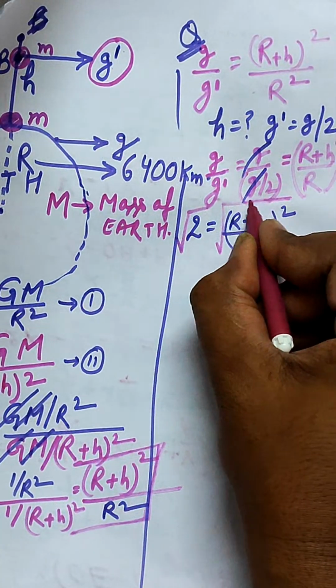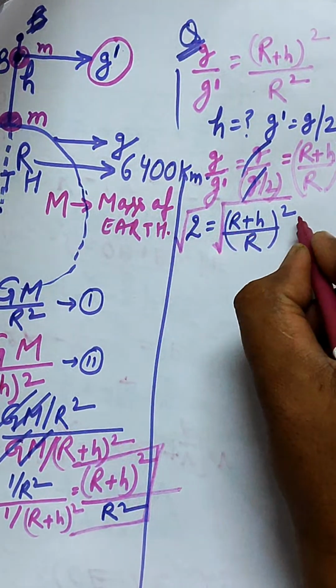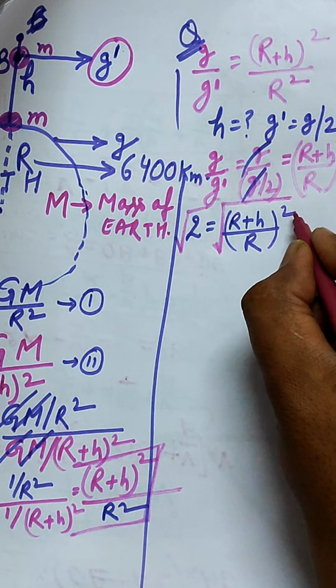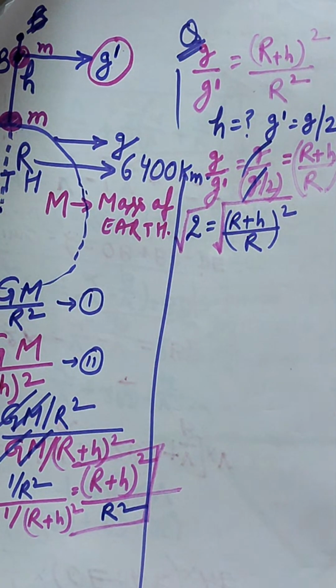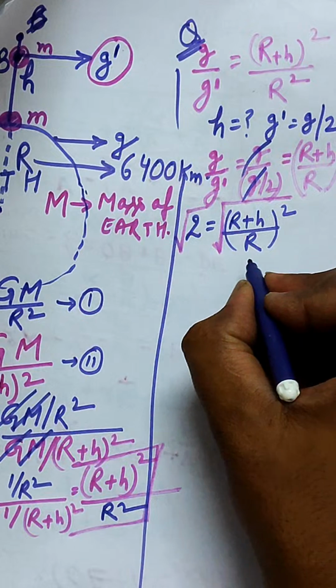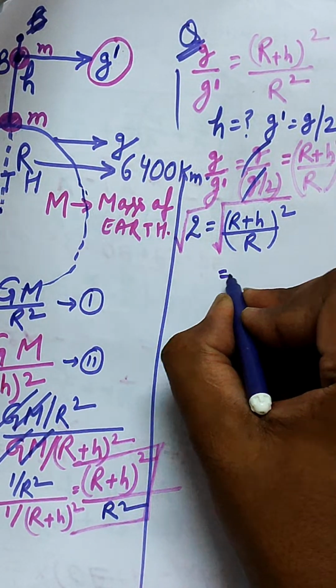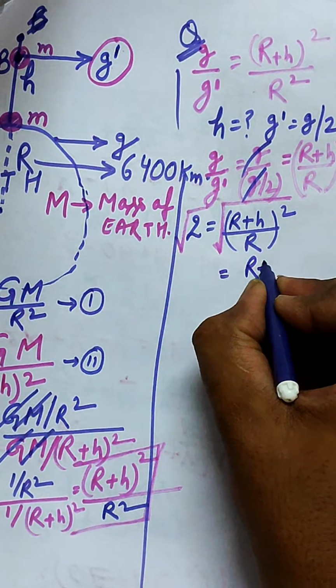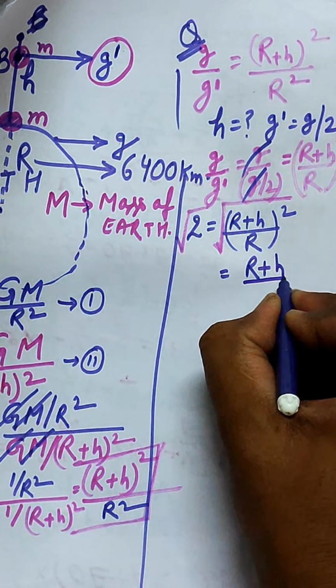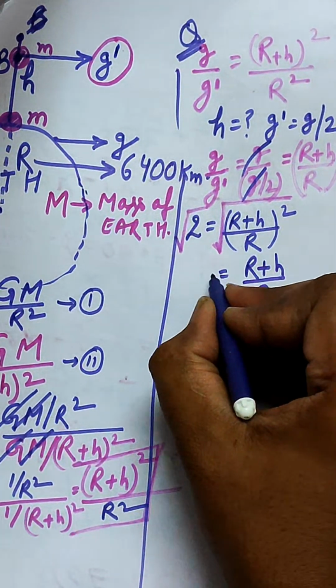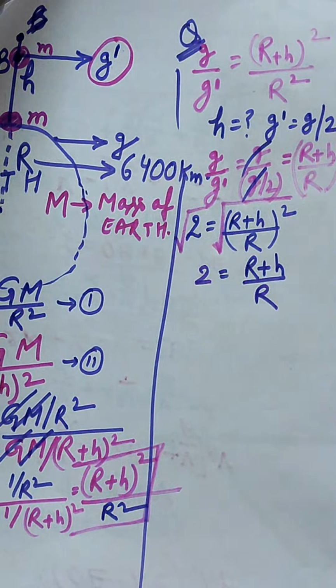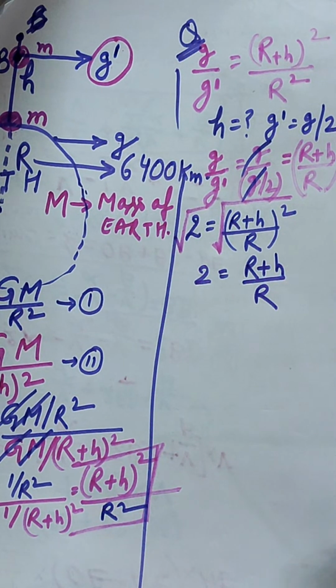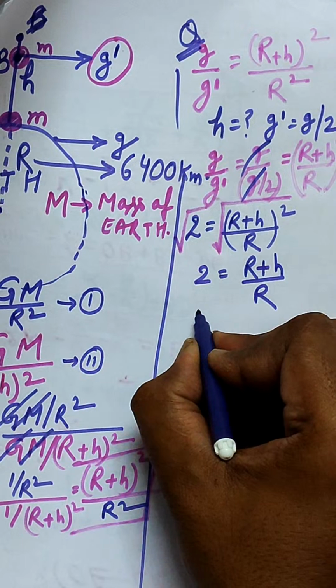Why have we taken the root? Because this square will be eliminated, right? On taking root, this square will be eliminated and we are left with R plus h by R is equal to root 2, right? Now just solve this equation.